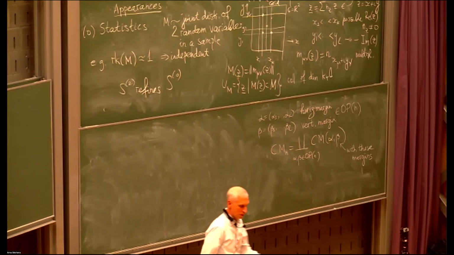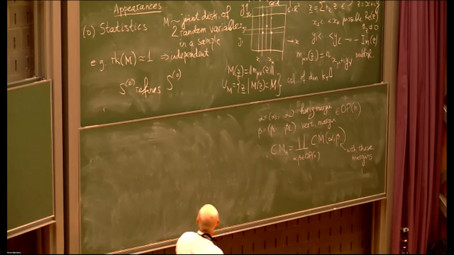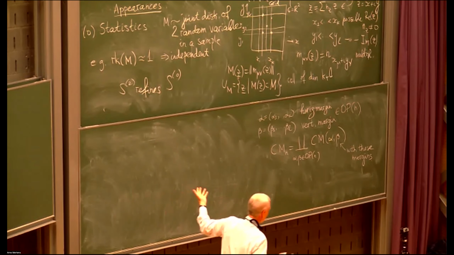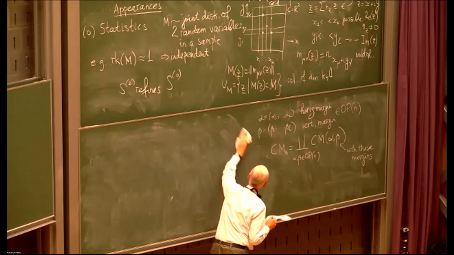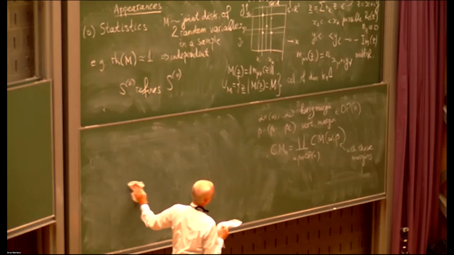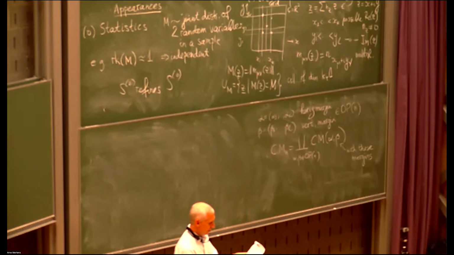So that's one natural appearance, which is relatively new, which means we stumbled upon it. But there are some other appearances which are more classical, and it's the comparison of those which makes things interesting.